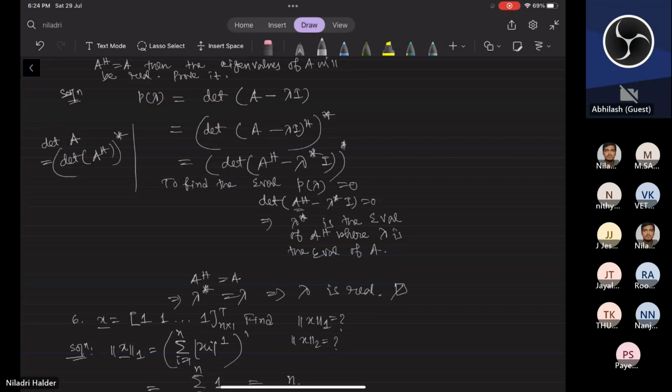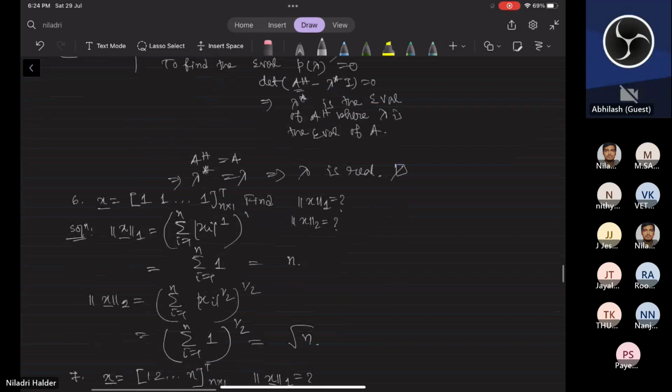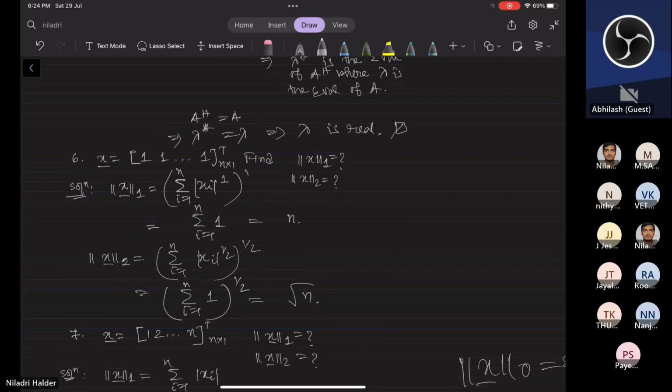So eigenvalue of A Hermitian will be lambda star, and A Hermitian equals A, so lambda star equals lambda. So lambda is real. That means if A Hermitian equals A, then that matrix will have real eigenvalues.